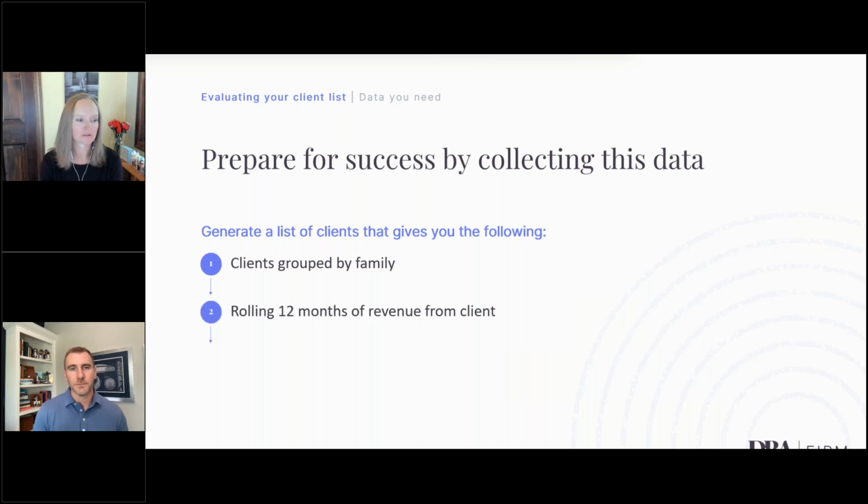Yeah, that's perfect. Then we want a rolling 12 months of revenue for the client. And again, we're grouping it by family, as Marcus just explained. But the rolling 12 months is something that you've mentioned before, like wrapping our heads around pulling the rolling 12 instead of calendar year. Yeah, I think as accountants, we love 12/31 fiscal year, calendar year end dates, right? That's how we were programmed and trained.